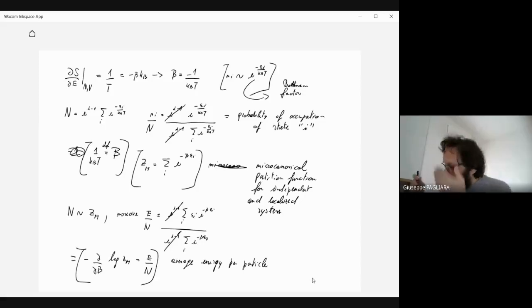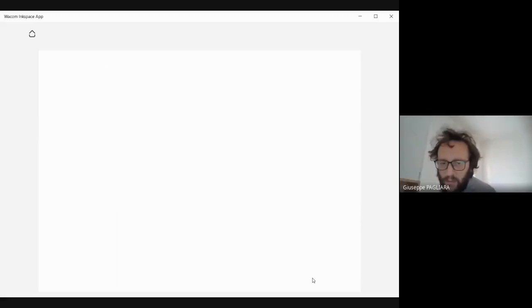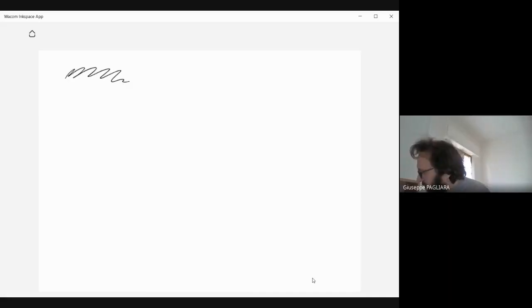Indeed, we wrote before that the entropy was equal to k_B, then I had an N log. Now let's compute the entropy.